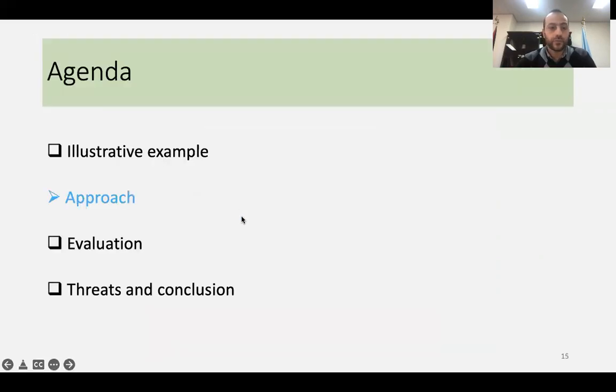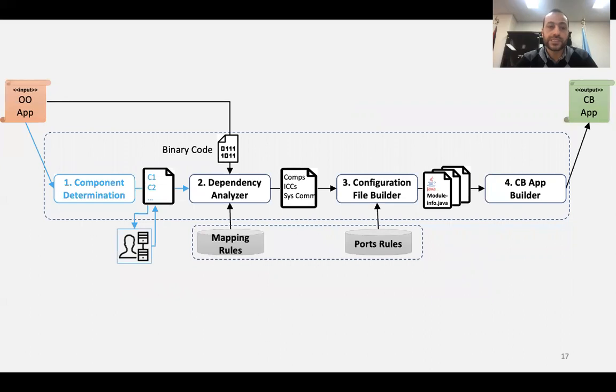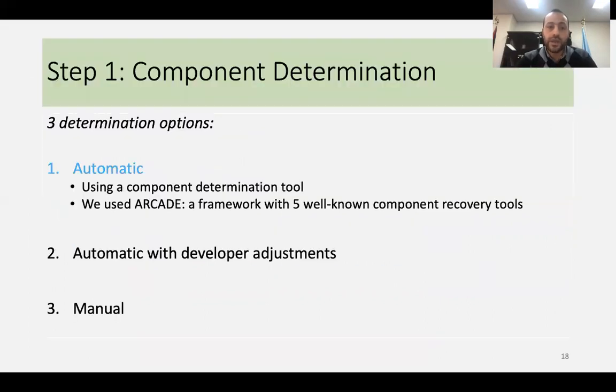Our approach consists of 4 steps. The first step, the component determination step, takes an object-oriented application and determines the components and the classes in each component. We have three determination options: either fully automatic using a component determination tool. In our research, we used the Arcade framework with 5 well-known component recovery tools.